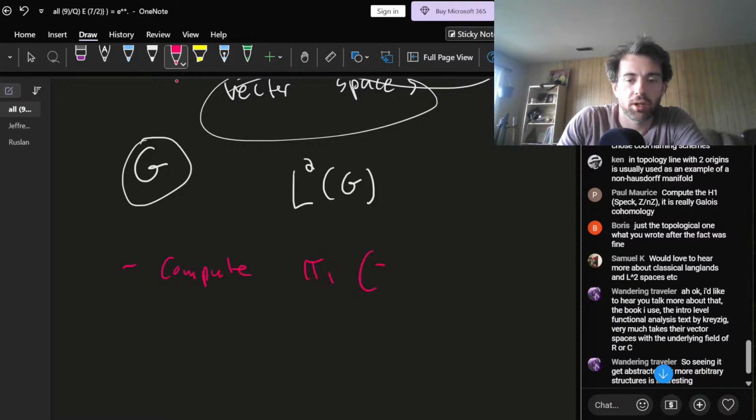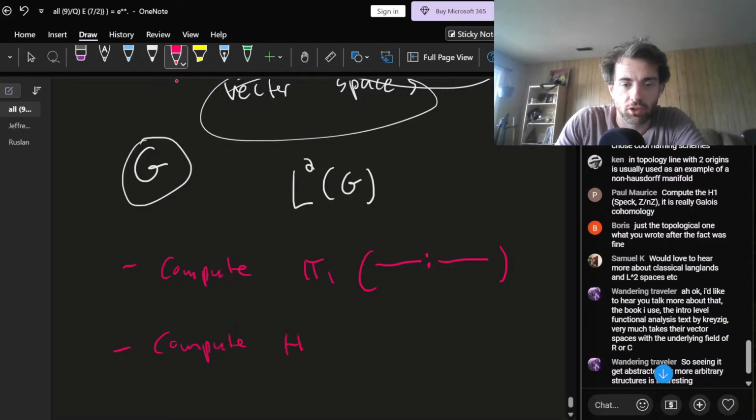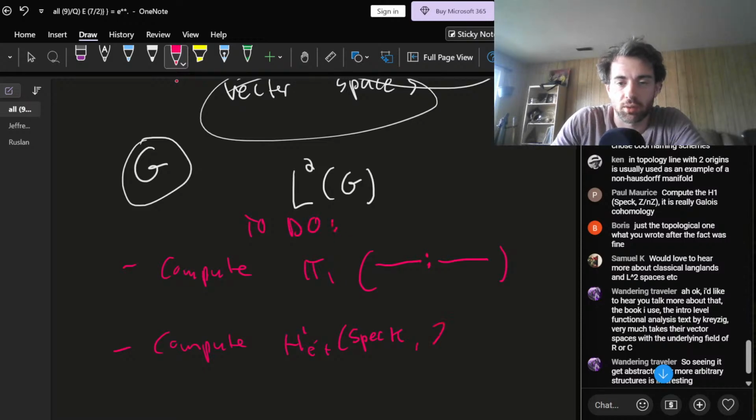So computing pi 1 of the two origin line, and computing H1 of Spec K with Z mod n coefficients, a to-do list.